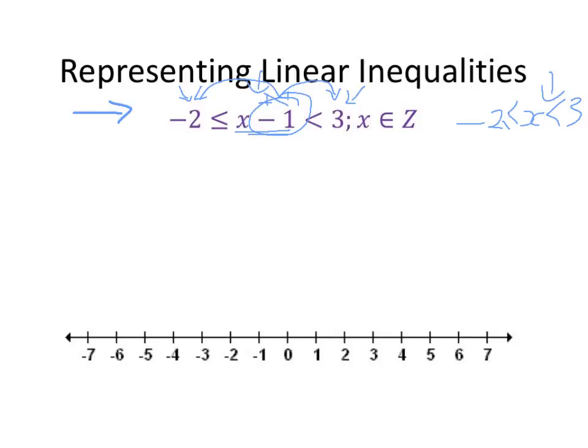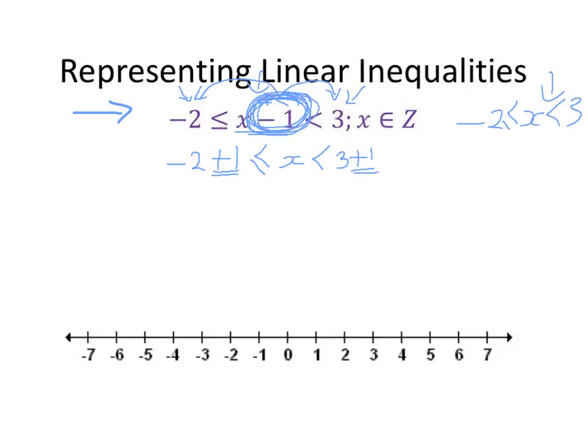So on the left-hand side, we're going to have negative 2. Minus 1 is going to come over and become positive 1. Is greater than or equal to. And in the middle, we've taken away this negative 1. So we're going to have x by itself. But we must also, on this side, add 1 here. So we added 1 to both sides to get rid of this negative 1 in the middle.